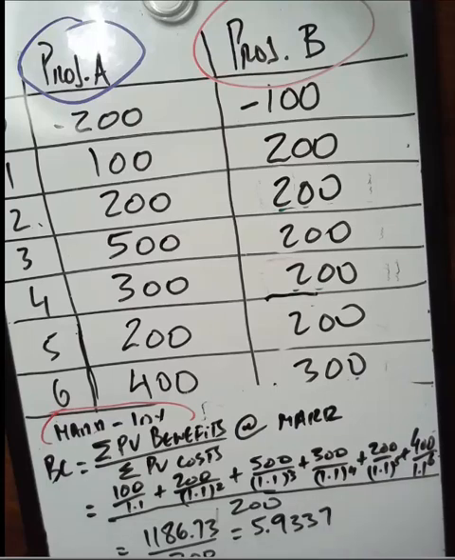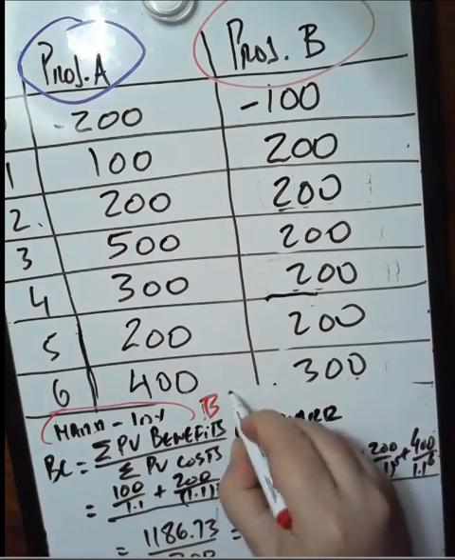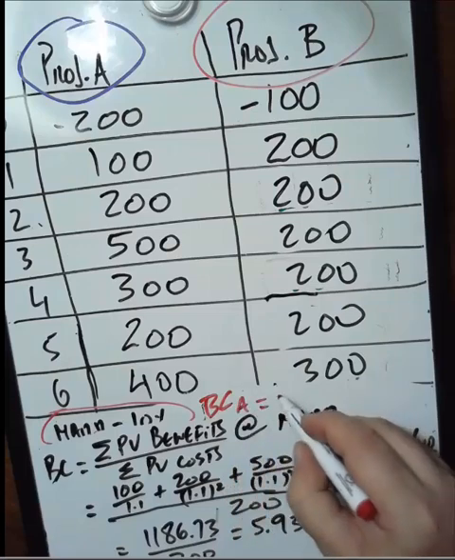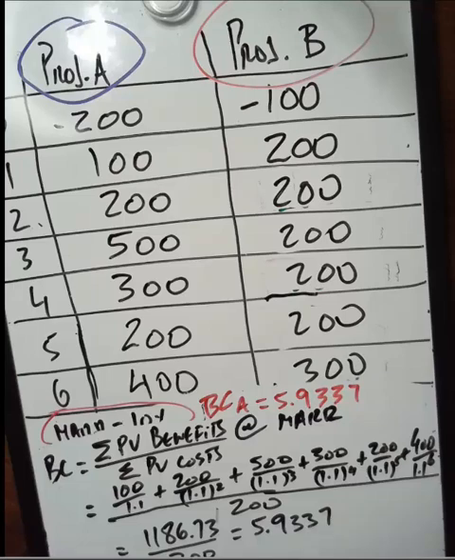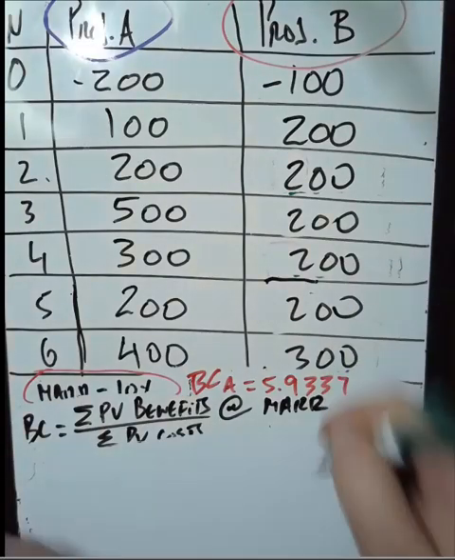Greater than 1, so acceptable. This is the BC ratio for project A. So let's put it here. BC for A equals 5.9337.